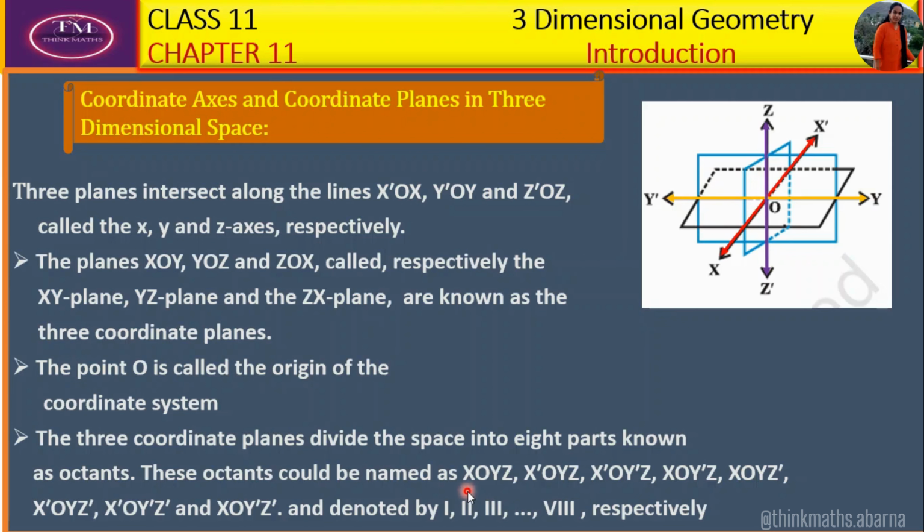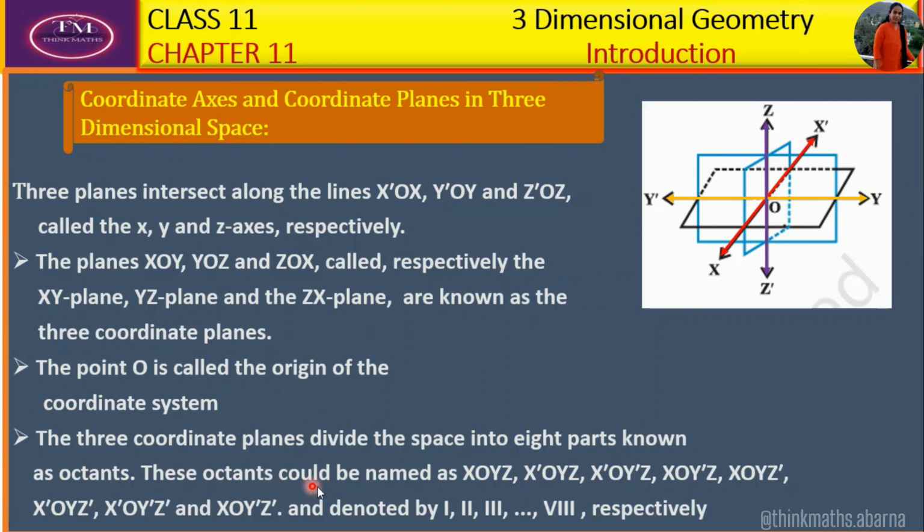The names of the octants are X O Y Z, and in the same way we find all 8 octants: X O Y Z, X dash O Y Z, X dash O Y dash Z, X O Y dash Z, X O Y Z dash, X dash O Y Z dash, X dash O Y dash Z dash, and X O Y dash Z dash.